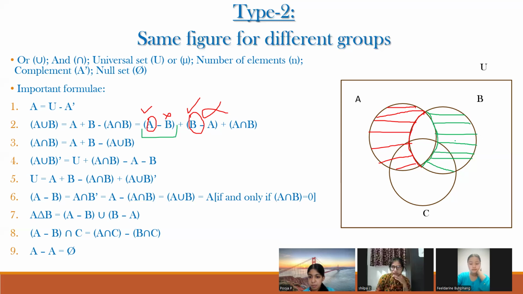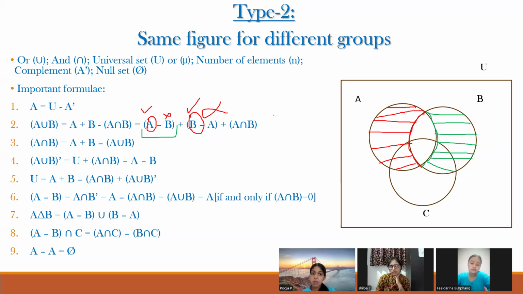Got it? Yes, ma'am. Are you clear till here, or do you have doubts? Do you want me to break it down? No, ma'am. Okay. So when you need A union B, you have this A, you have this B. But did you calculate the intersection? No, ma'am. Correct, we should add it.